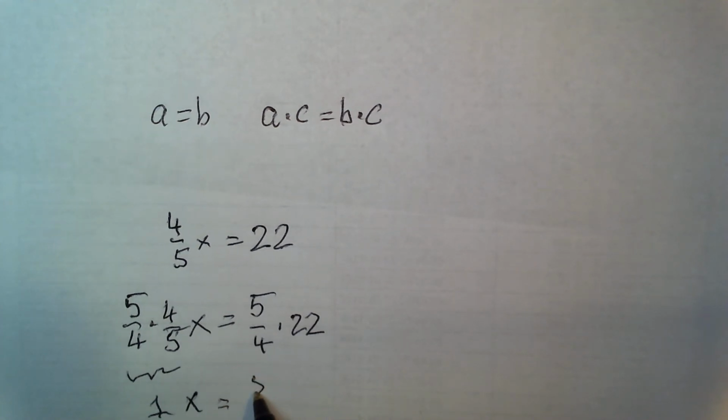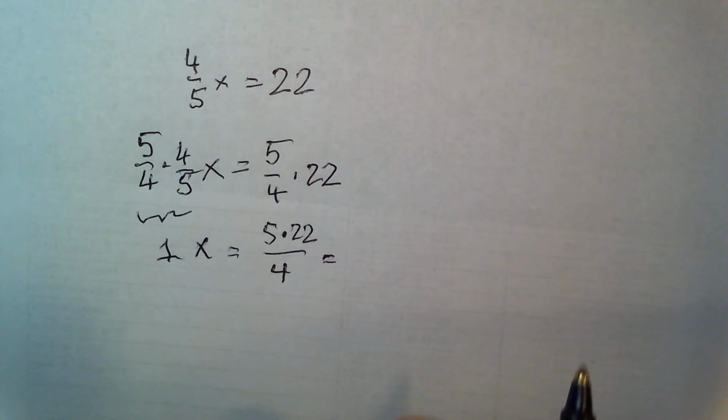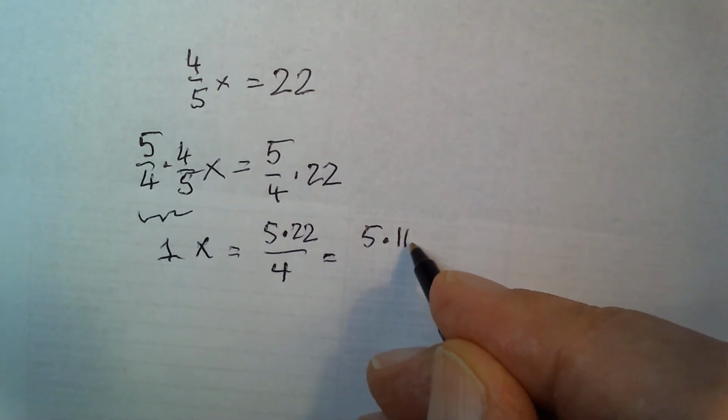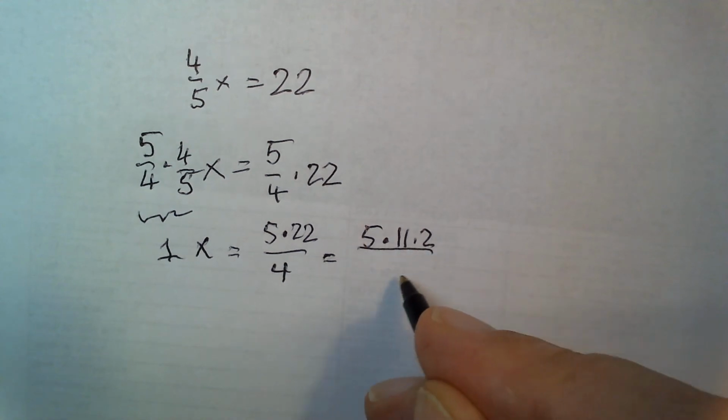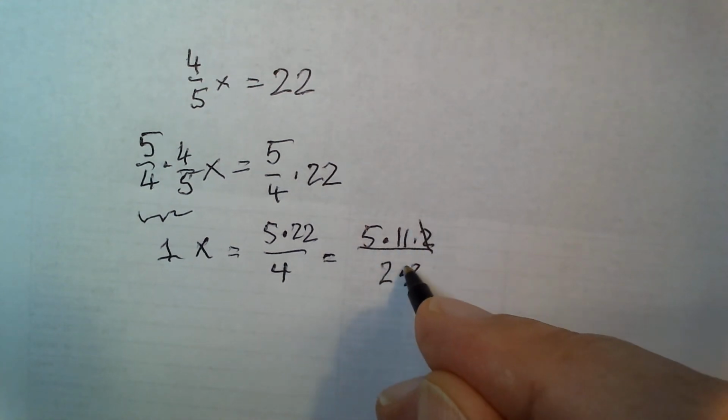So it means 5 times 22 divided by 4. So there would be 5 times 11 times 2 divided by 2 times 2. So we can cancel the 2's.